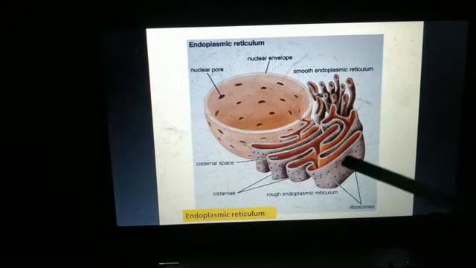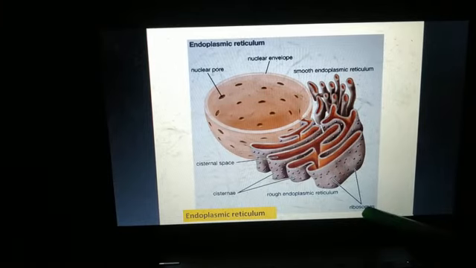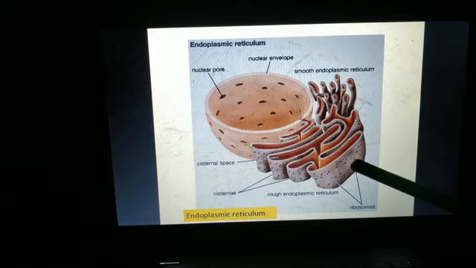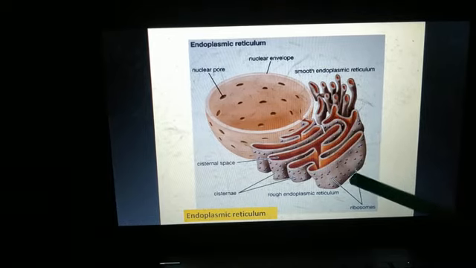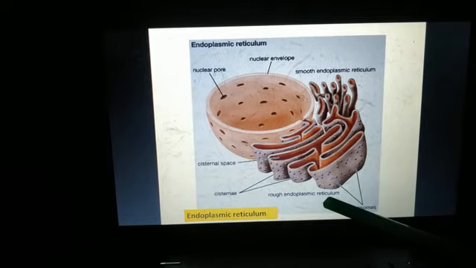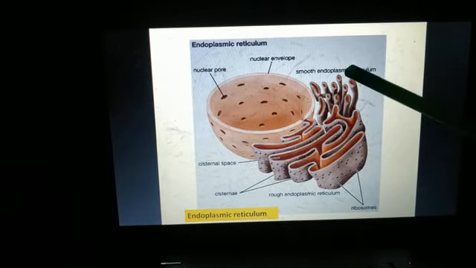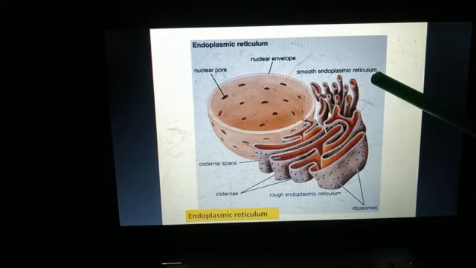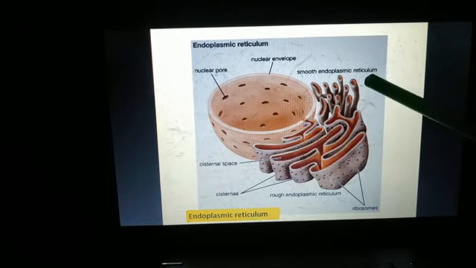In rough endoplasmic reticulum, ribosomes are attached on the outer surface of the endoplasmic reticulum, so they are called rough endoplasmic reticulum. And when I say smooth endoplasmic reticulum, ribosomes are absent, so the surface is smooth, and they are called smooth endoplasmic reticulum.